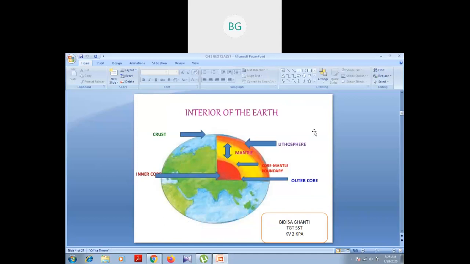There are three layers. You can see that the uppermost layer is known as the crust, then the mantle, and the innermost layer is known as the core.